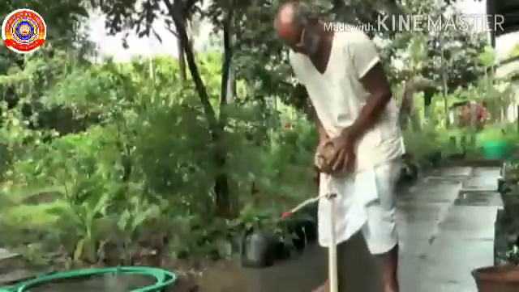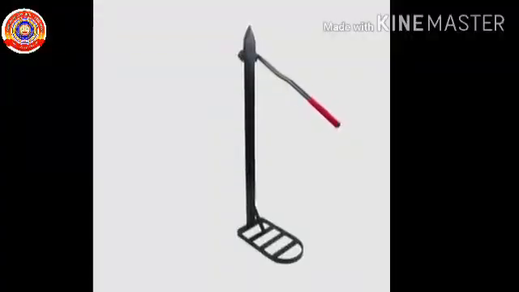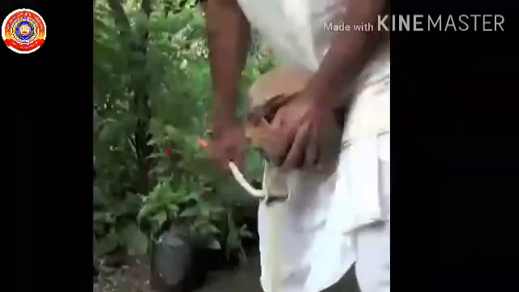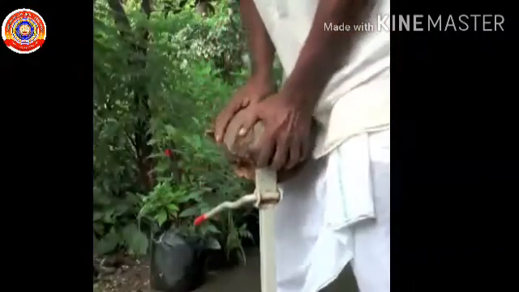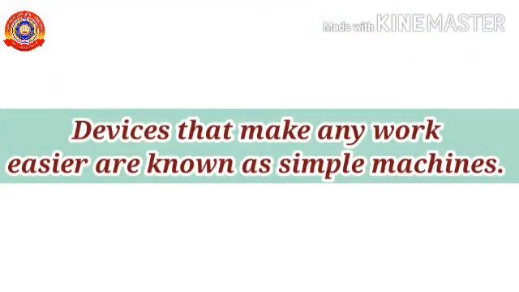Coconut husking device is the most commonly used method to husk coconuts. Do you know why? Yes, by the use of this, we can reduce the human effort and less time is needed to husk a number of coconuts. Such devices that make any work easier are known as simple machines.